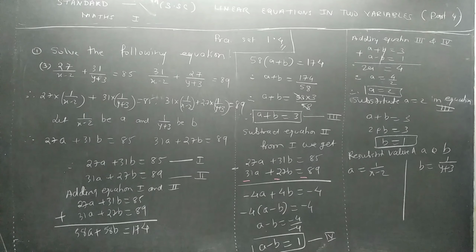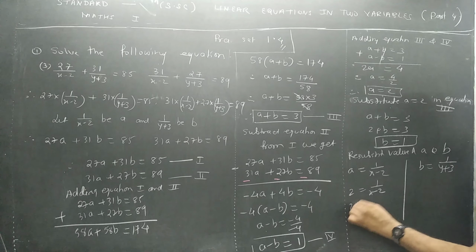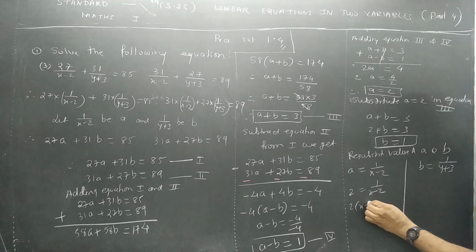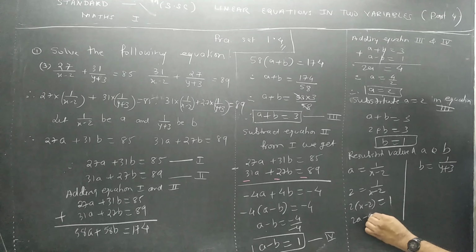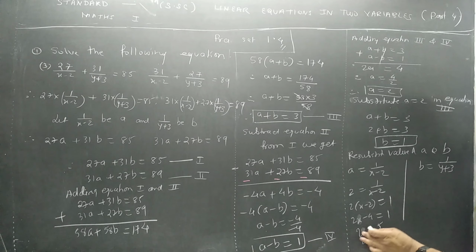So a is 2, so 2 in bracket x minus 2 is equal to 1. So what you get is 2x minus 4 is equal to 1, 2x is equal to 5. So we got x is equal to 5 by 2.